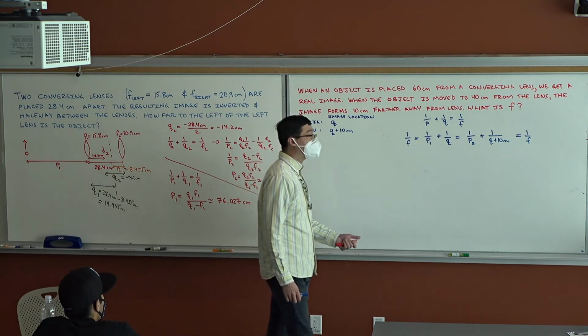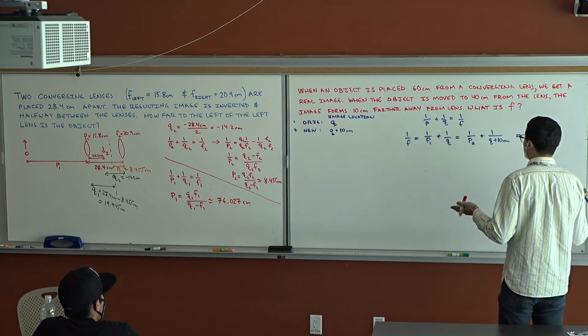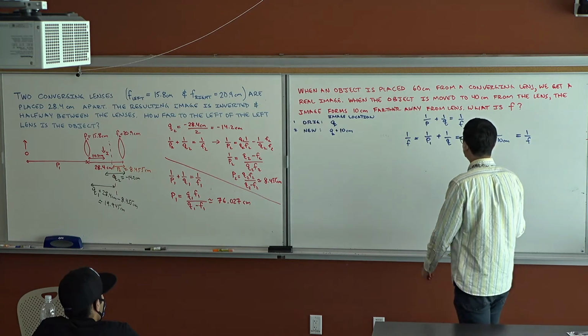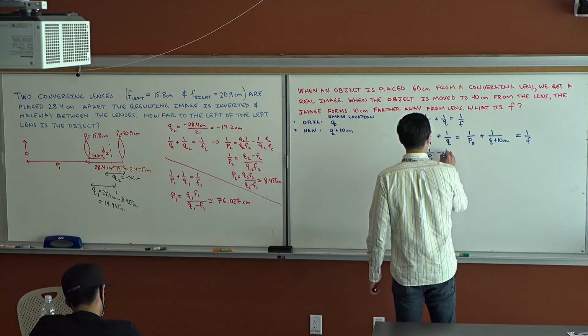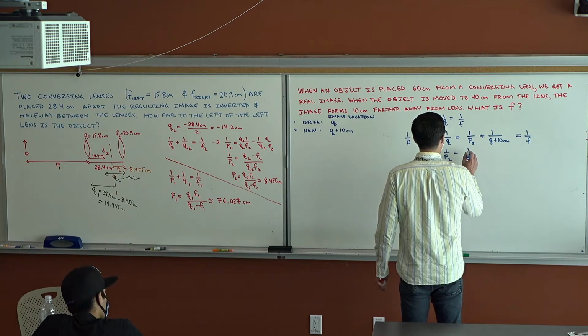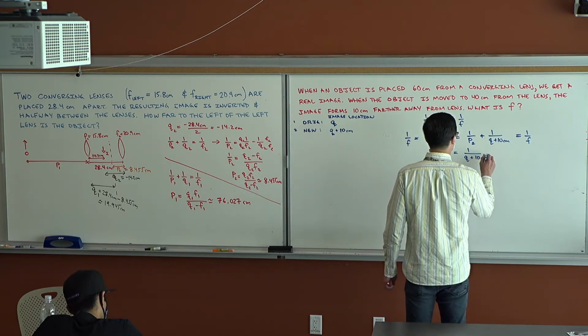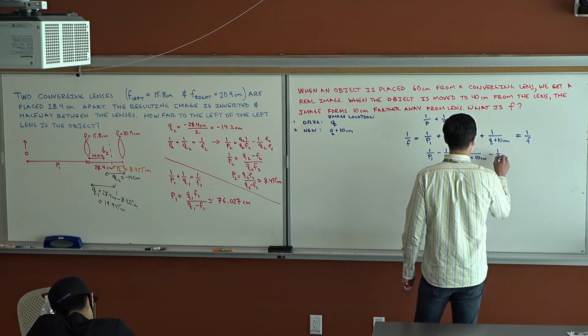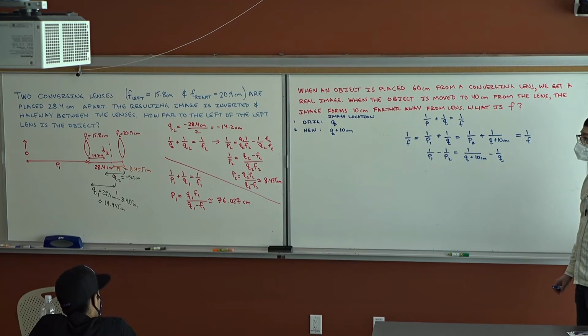So this was case 1, this was case 2. And so now we have this ability to make a group-terms style argument where 1 over P1 minus 1 over P2 is equal to 1 over Q plus 10 centimeters minus 1 over Q. Does that work?